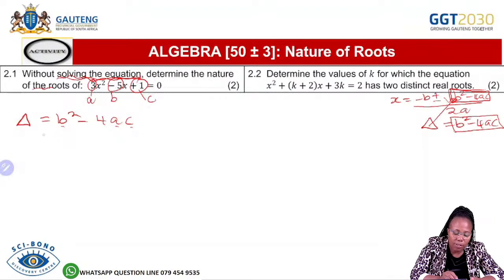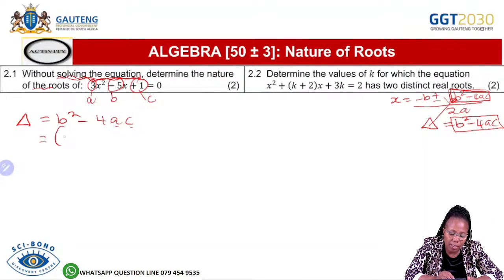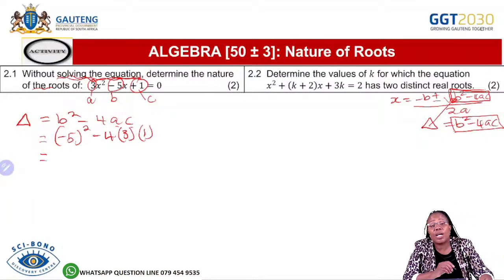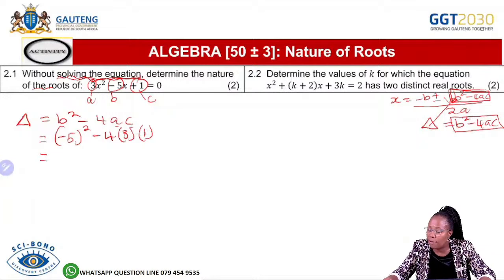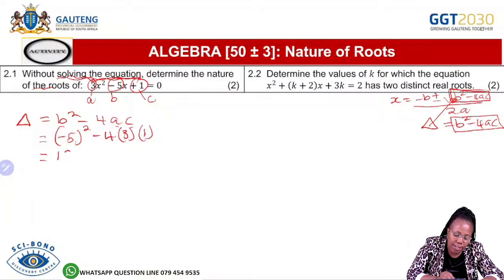And then we can now substitute into the discriminant equation, and then b is minus 5 squared minus 4, the a is 3. We are busy substituting. The c value is 1. Do not partially simplify, grade 12. Put everything into your calculator and then straight to the answer. Then this gives us positive 13.